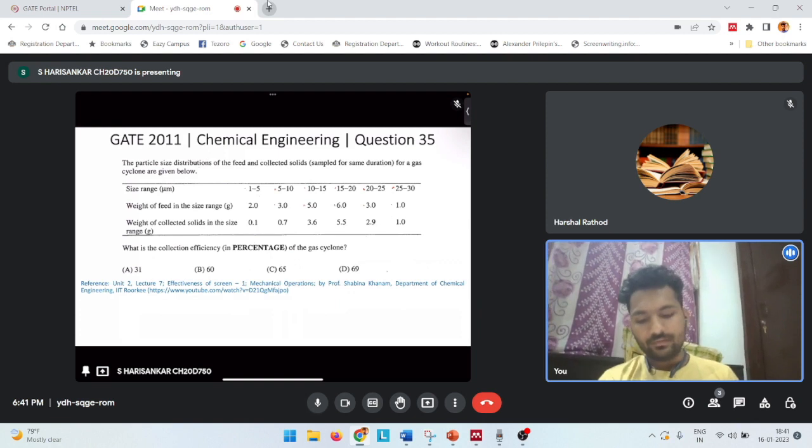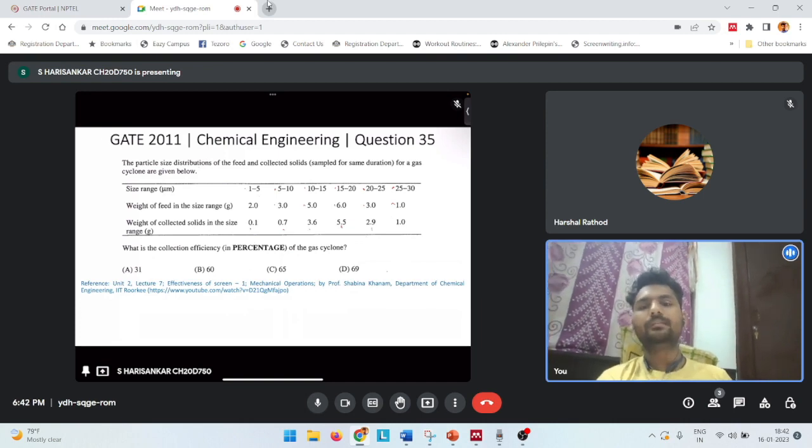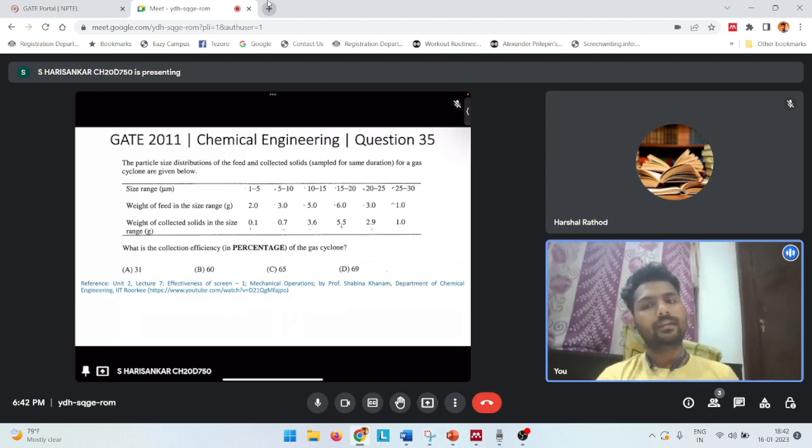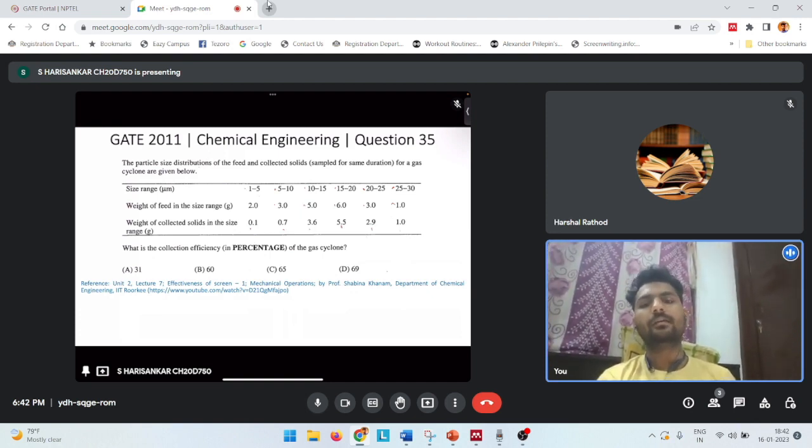They have also given the weight of the collected solids in this size range as 0.1, 0.7, 3.6, 5.5, 2.9, and 1. And using this table of data, we need to find the overall collection efficiency of the gas cyclone in percentage.